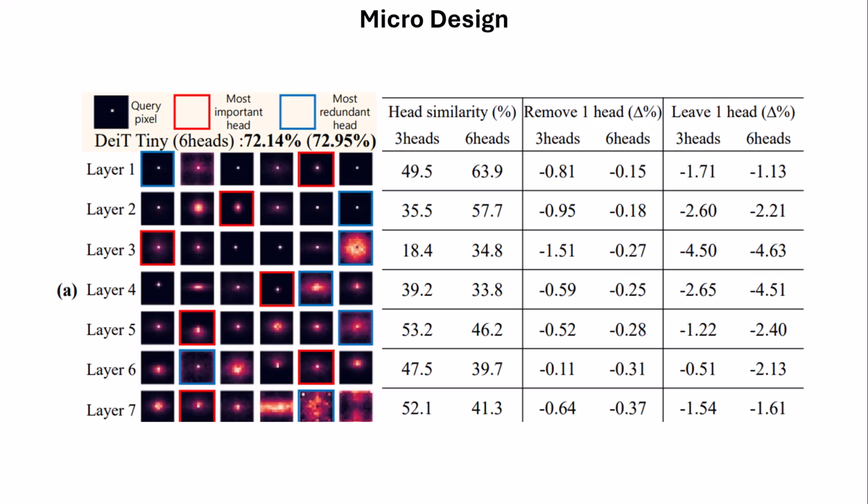So in micro design, they picked DeiT Tiny, one of the vision transformer variants, and they visualized the self-attention map for all the layers. Like you can see here for the first 7 layers. And they also took the head similarities, which is the cosine similarities between the heads.